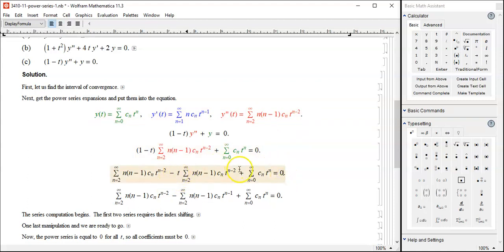And then taking this t inside, we get that. All right. We have nth power here, n minus first power here, n minus second power here. Looks like some index shifting is in order. And we need two index shifts. We want one for this and one for that. Make sense? So two index shifts are required.